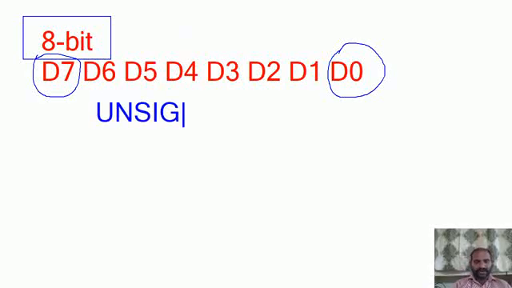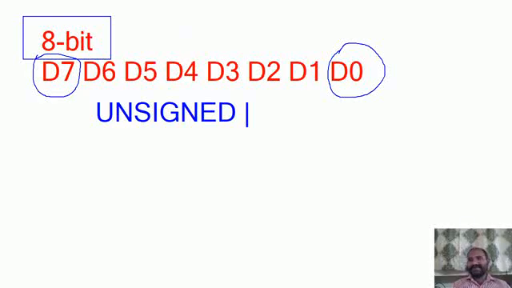If I have a 16-bit number and all the bits represent the value, then it is called an unsigned number.